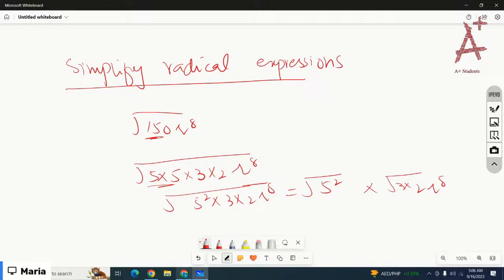You can split even r8 because you can simplify r8, right? So you are left with just 5, and when you simplify r8 you are left with r4 and square root 6, right? So the simplified form is 5r4 square root 6. That's how you simplify radicals, right?